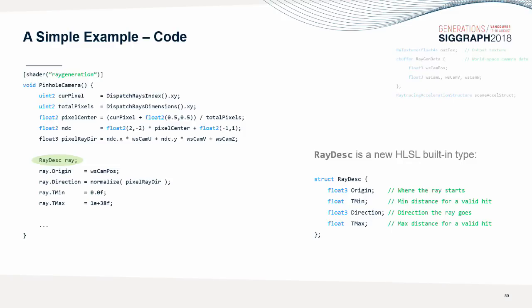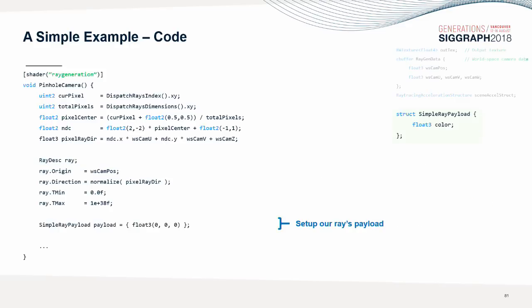TMin of 0 and a TMax of a big number. You could use float max here. I was too lazy to type all those characters. TMin here is 0. I'm starting at the camera. There are no problems self-intersecting here because I'm on the camera. There's no geometry, so I don't have to worry about any epsilon value. And with TMax, I'm going off as far as I can in the scene to see if I intersect anything between those two values. That's what's going on there.